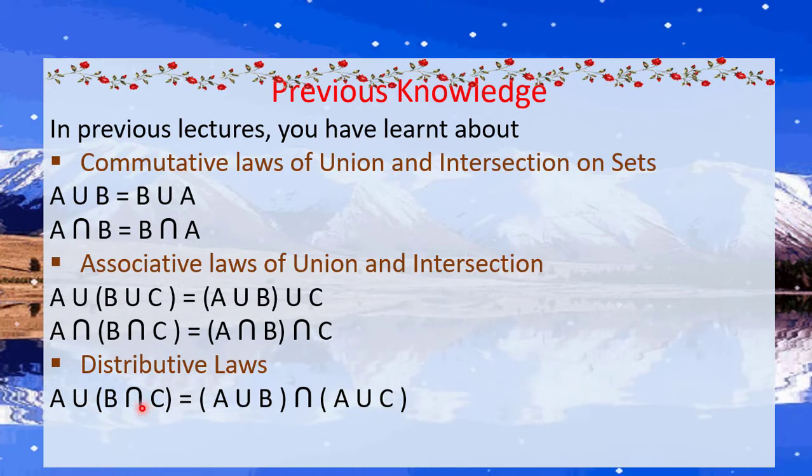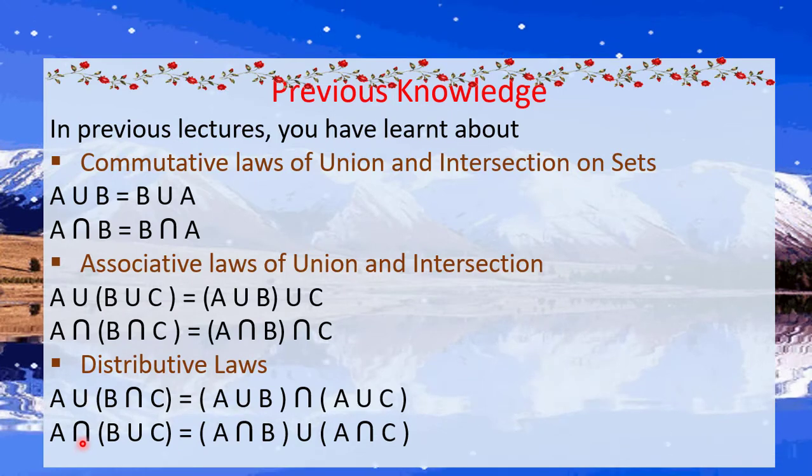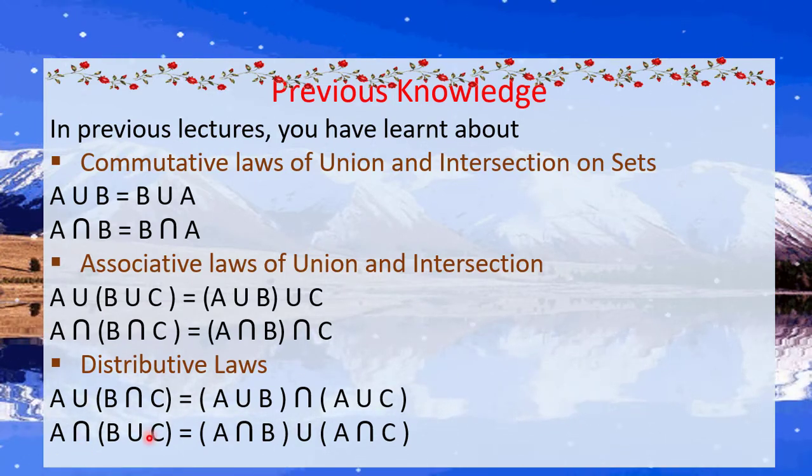If A, B and C are three sets, then this is called the distributive law of intersection over union.